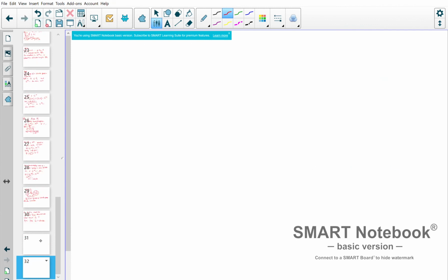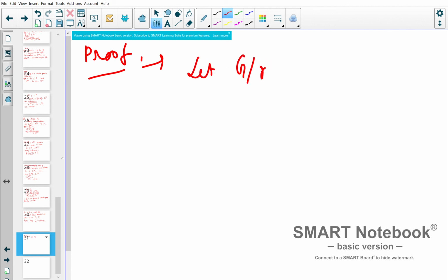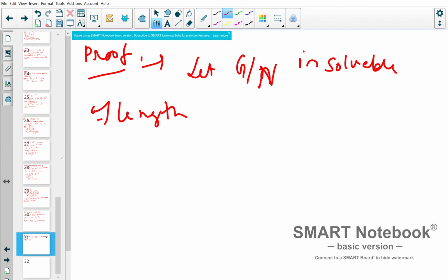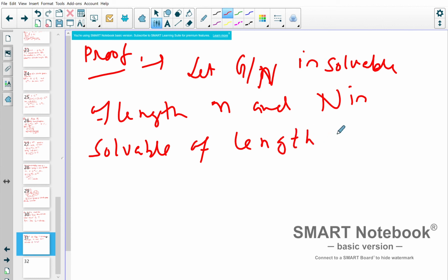Now, the proof. So let G mod N be solvable of some length, say n, and N be solvable of some length, say k.